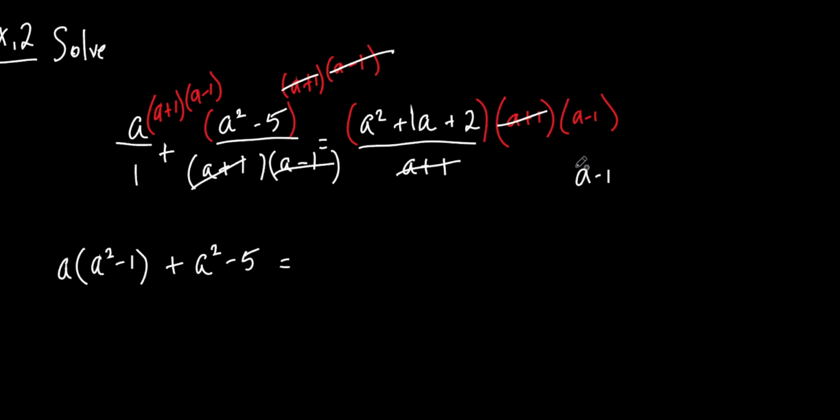So what do I have? A minus 1 times a squared plus a plus 2. So you just have to do some distributive property here, right? Everybody okay with that? So take the a and multiply it through by everything. So that gives you a cubed plus a squared plus 2a.